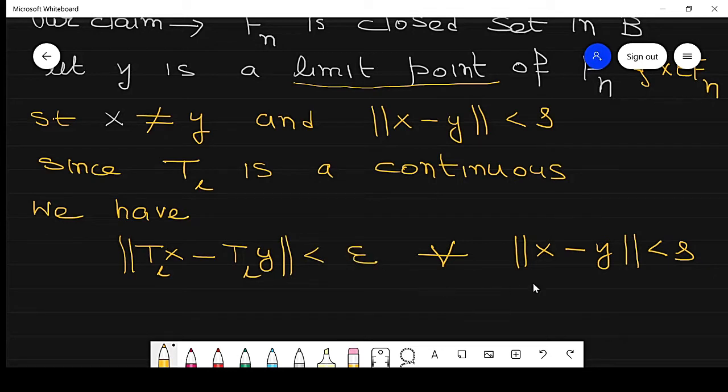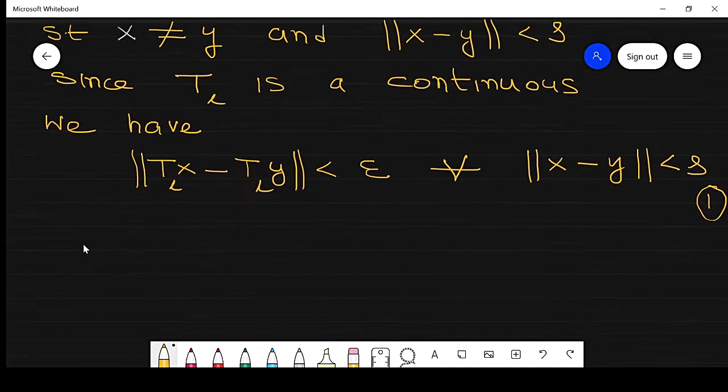So it satisfies this condition. This is equation number 1. This is the definition of continuity.